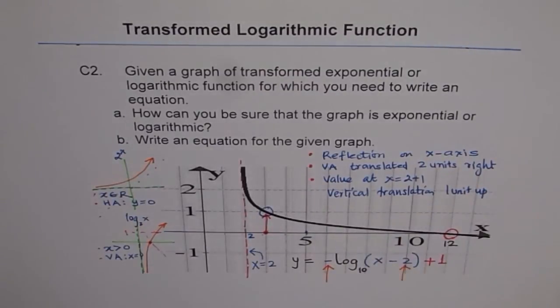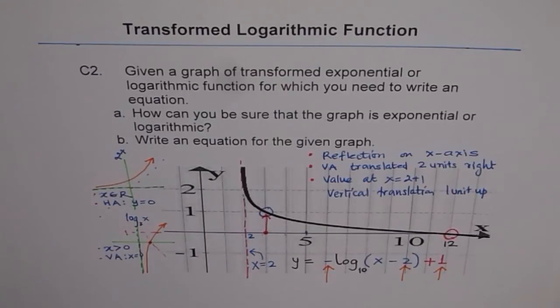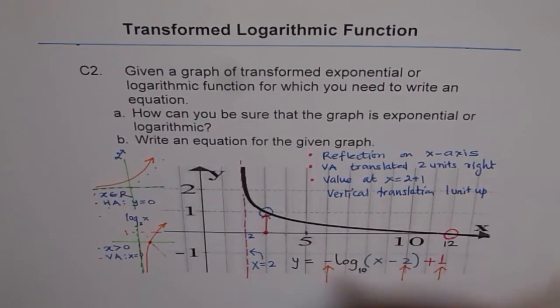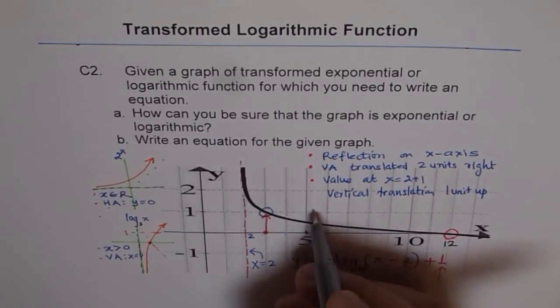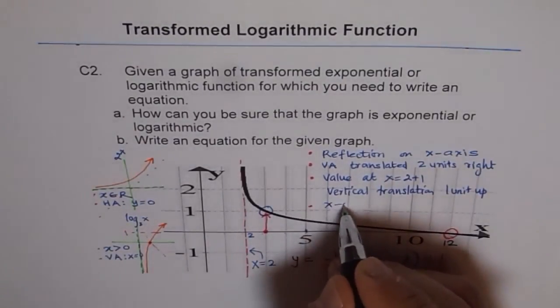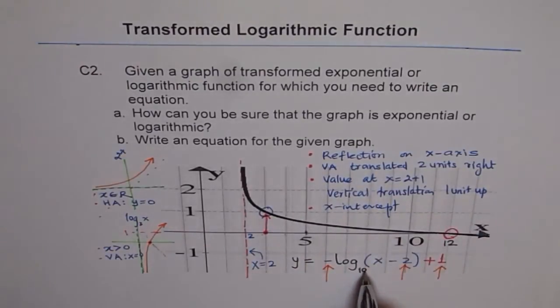And that gave us our next result, plus 1. And how did we get the base? We got the base by checking one of the values, a very significant value for us, the present x-intercept. We observed that the x-intercept has changed, and that helped us figure out the base 10. So that is how we found the equation of our graph this time.